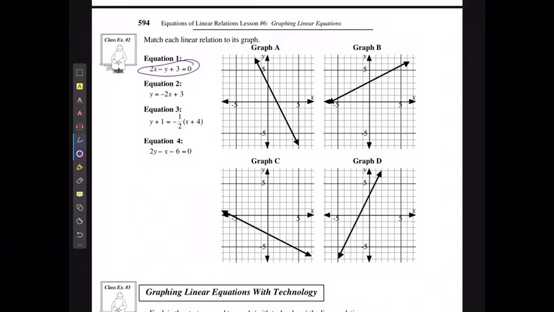So I'm going to move the x and the constant over. Negative y is equal to negative 2x minus 3, and then divide by the coefficient of y. Y is equal to positive 2x plus 3. And there's my equation 1.